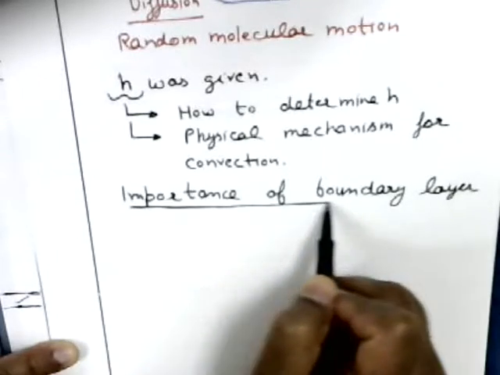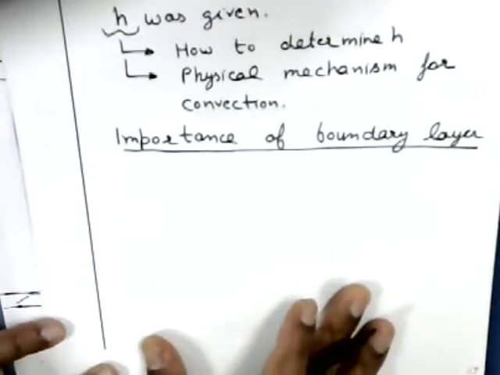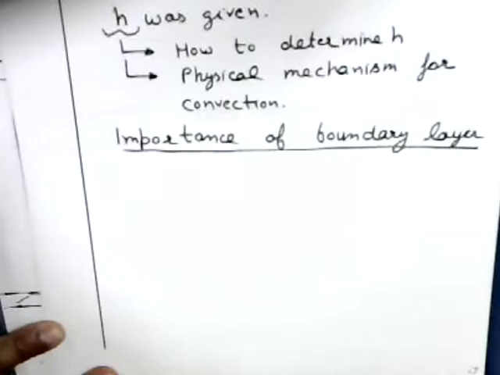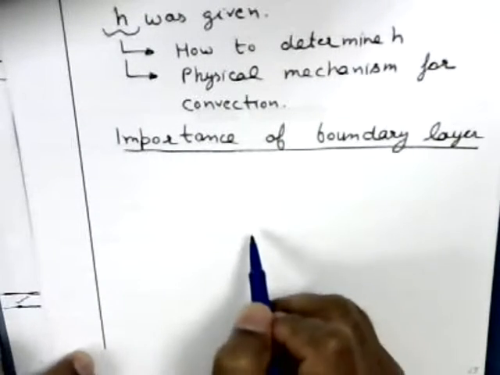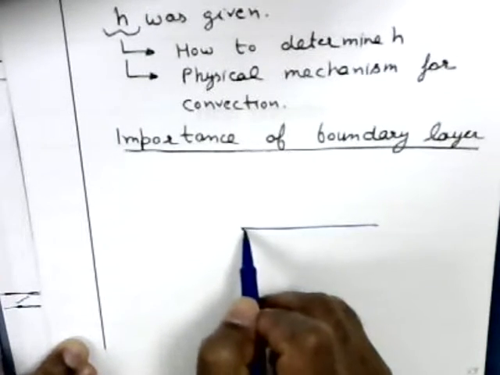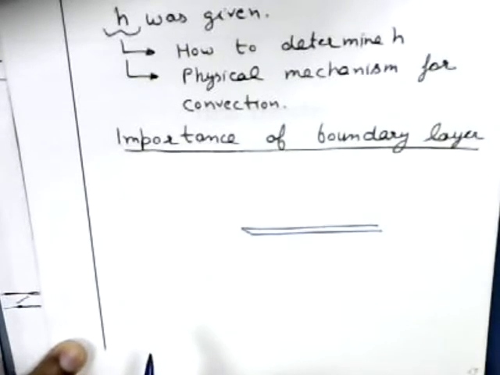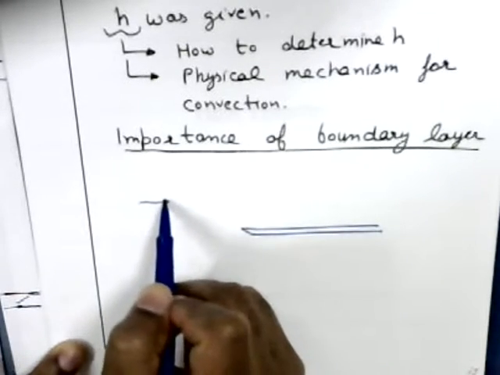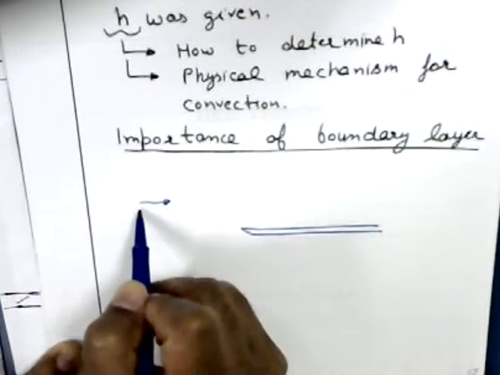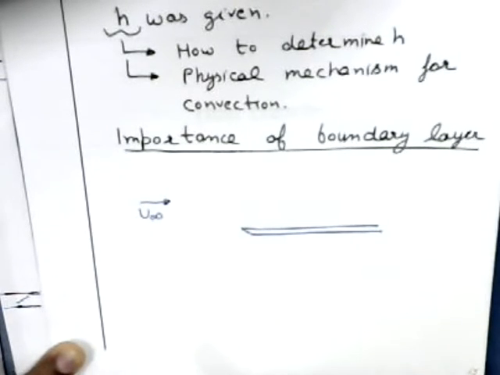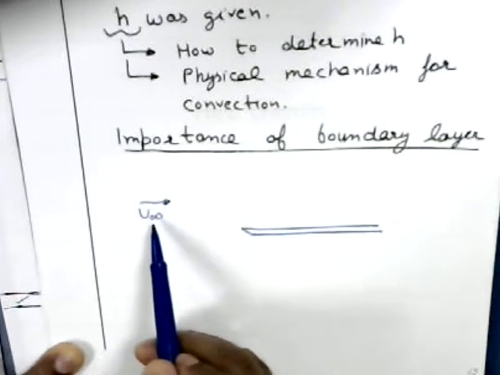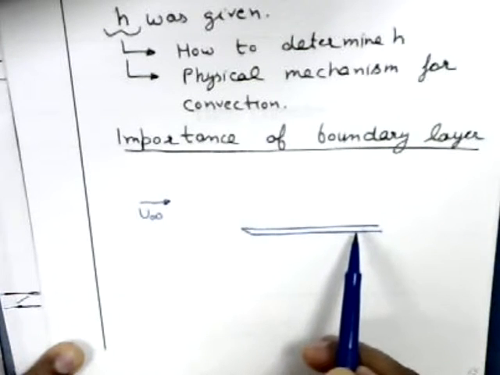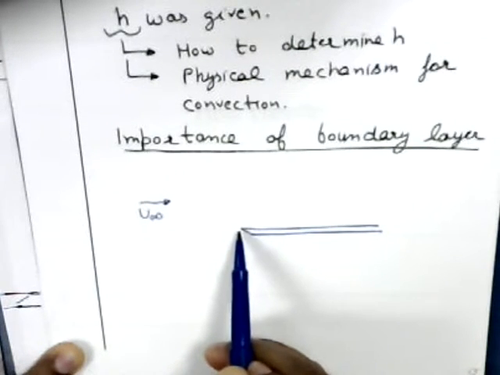And you're familiar with this idea from fluid mechanics. So again, if we consider, let's say, a flat plate and fluid flows over it, say its free stream velocity is u infinity and it is uniform. Then when the fluid comes in contact with the plate, there is going to be deceleration.